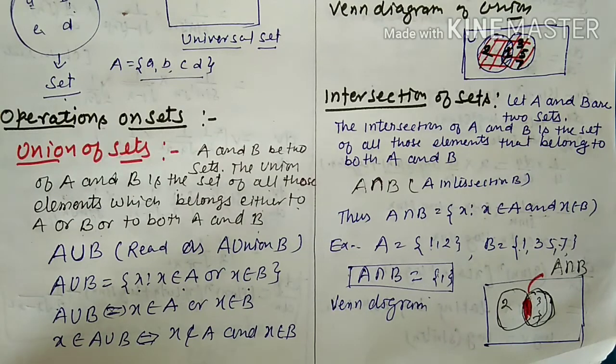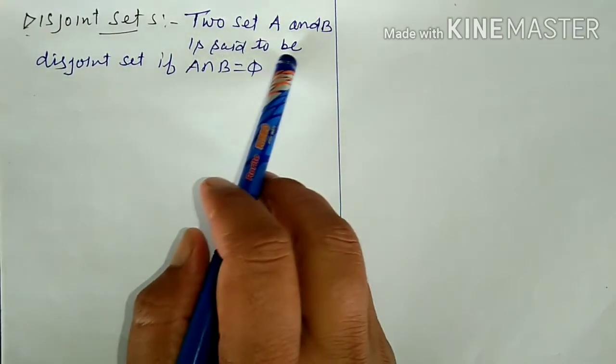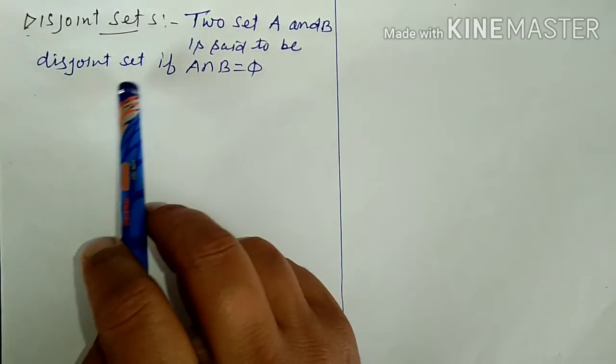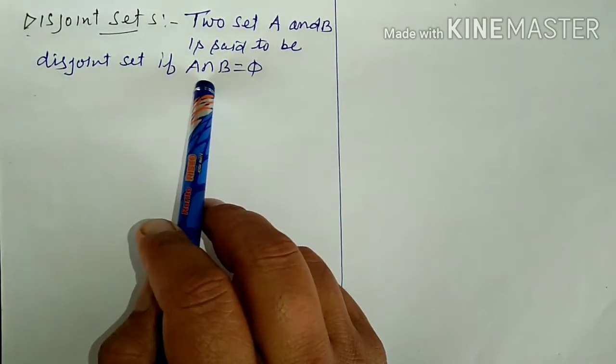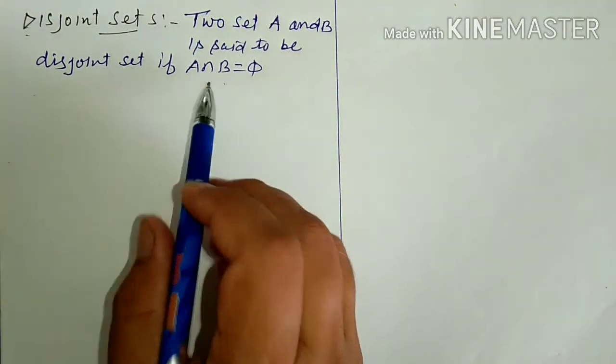Clear. Now next is intersection. Intersection we have done already, and there are also disjoint sets. Now next, disjoint set. Two sets A and B are said to be disjoint sets if A intersection B is phi. It means two sets are disjoint if there is no common element between them.